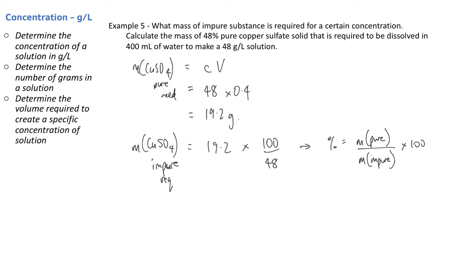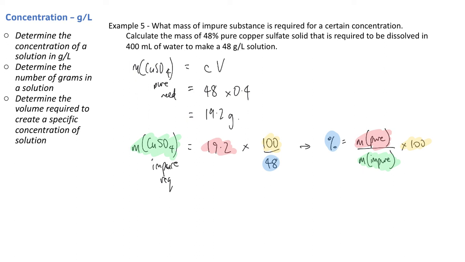We've got the percentage here, the mass of pure here, the mass of impure which we're actually solving for, and the 100. When you rearrange those two equations, you'll get the exact same thing.